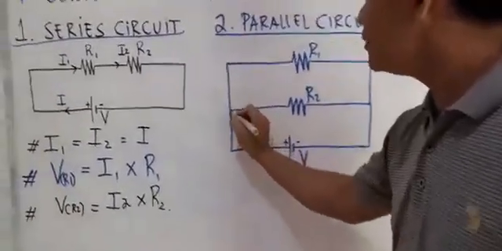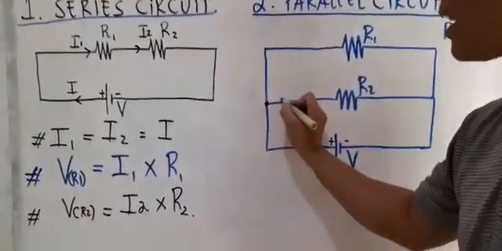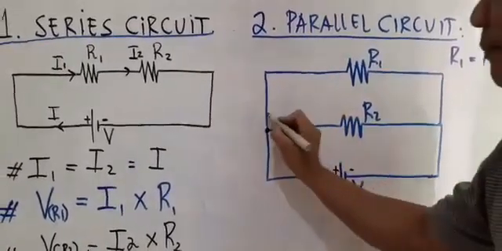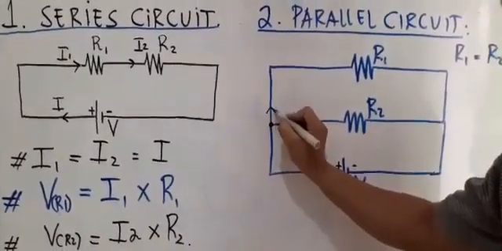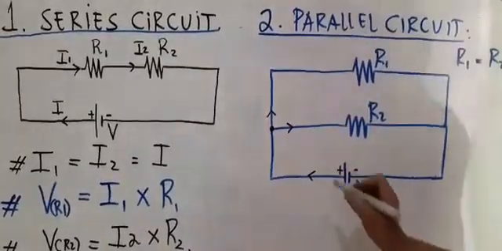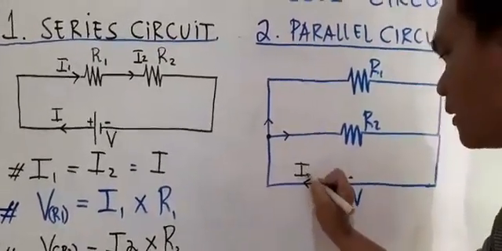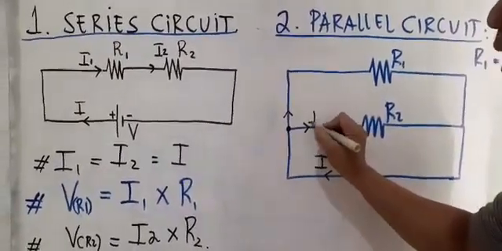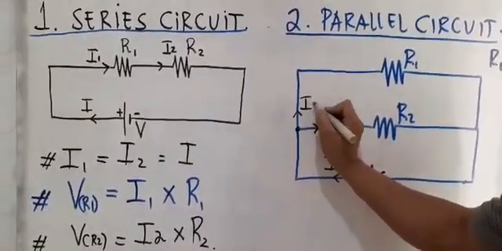At this point, the current is divided, to the right side and going up. If this is I, the current will be divided into I1 and I2.